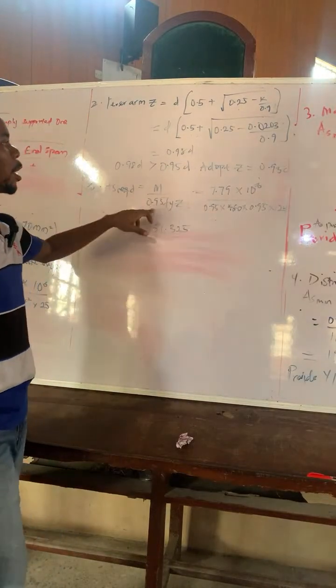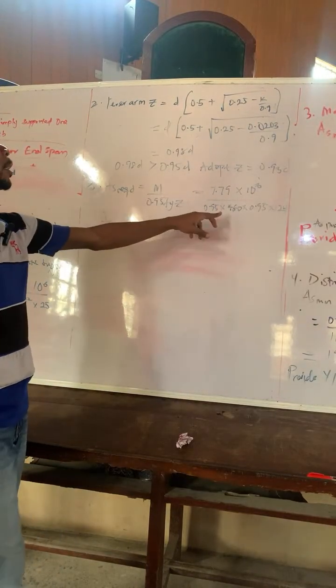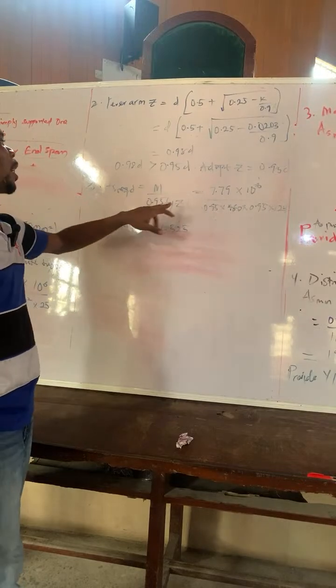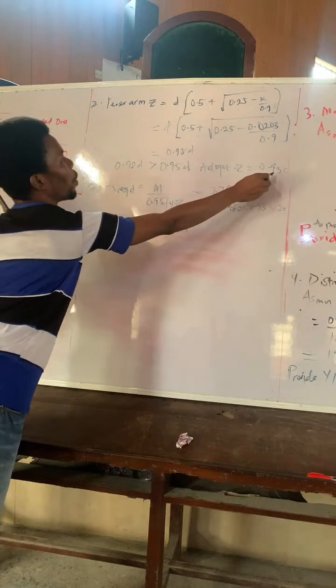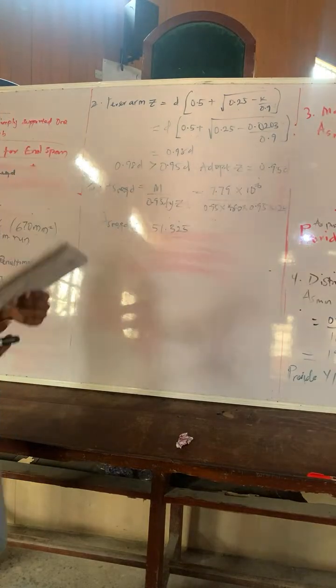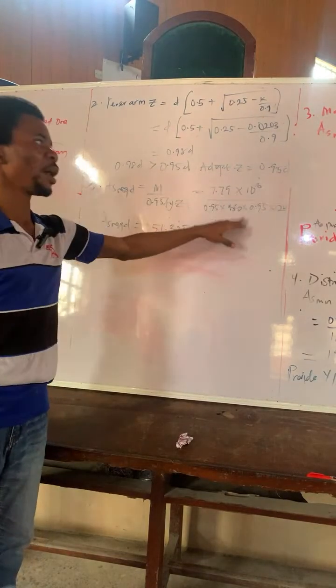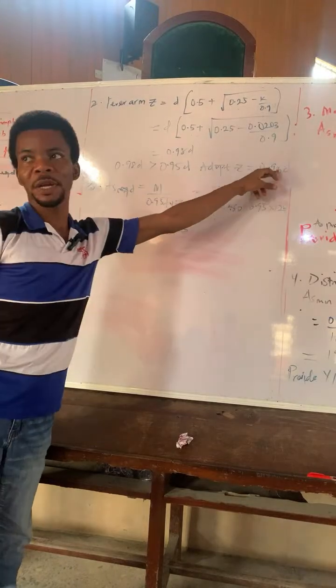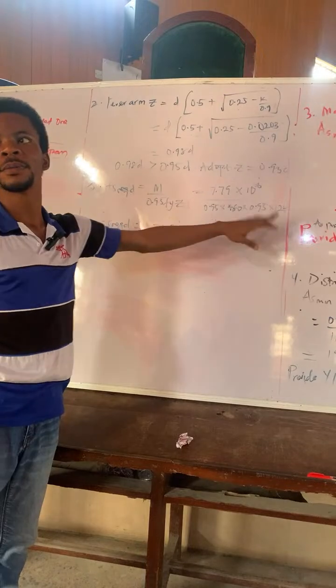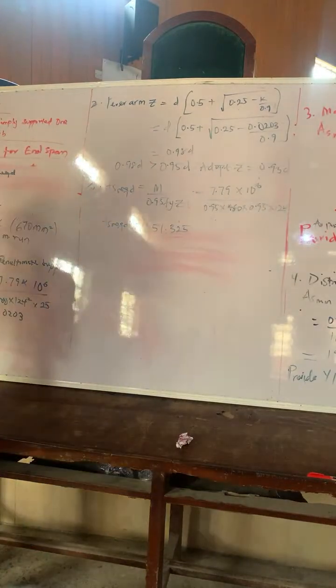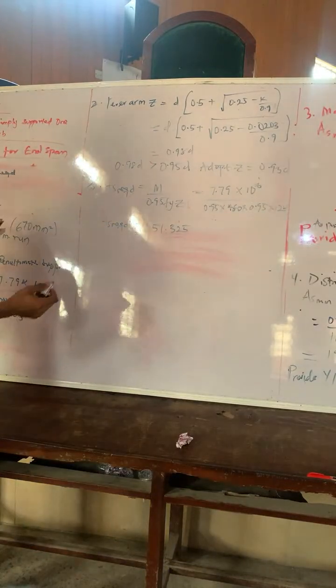FYZ, 0.95, times FY is 460. And our Z here is equal to 0.95D. Then you now repeat 0.95D. That is 0.95 times our D, which is 124. That's it. Then I will provide again.